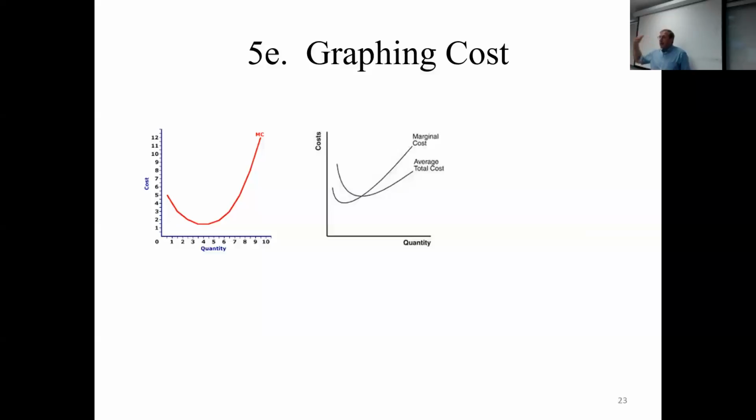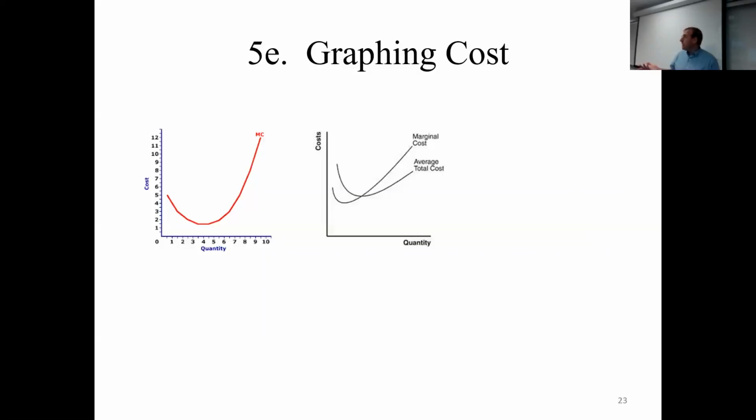That's like saying that for every hour of work, you're able to read more and more, and then less and less. Flip that around. Your cost per unit is going to fall initially, and then it's going to rise. So as you add more and more workers starting with 0, the costs are going to fall per unit, and then eventually the costs are going to rise. That is why the marginal cost curve is U-shaped.